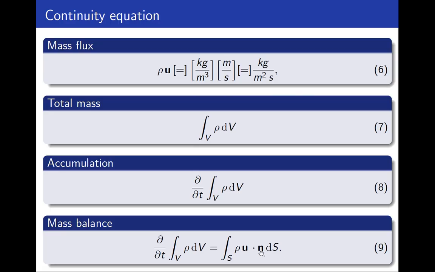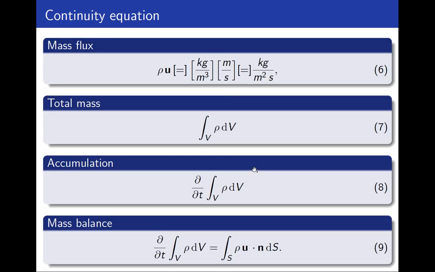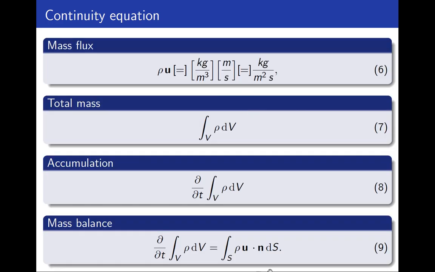And as I said before, this gives us units of mass flow. If you sum this mass flow across all the surface of the volume control, you will get the total quantity of mass that is entering the volume control, and the mass of fluid that is leaving it.